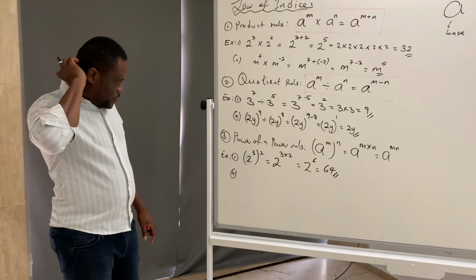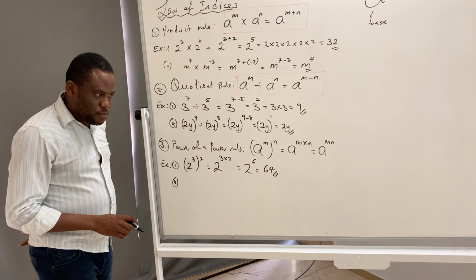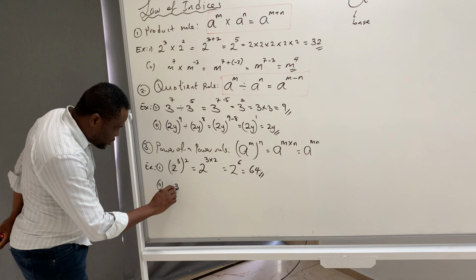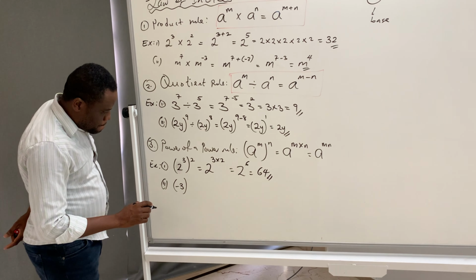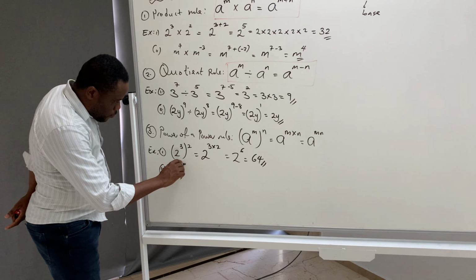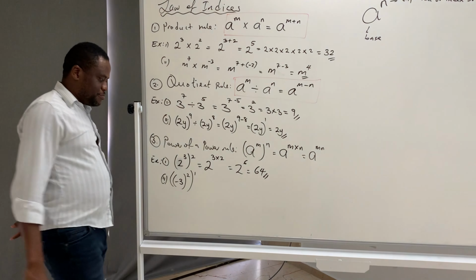Let's do another example. We have minus 3 to the power of 2, all to the power of 1.